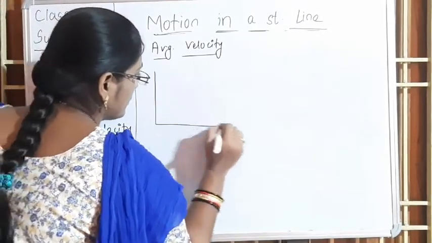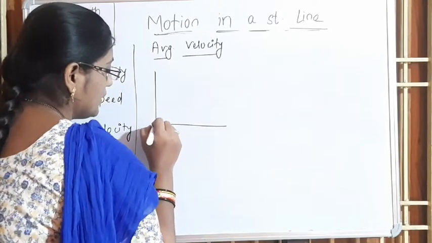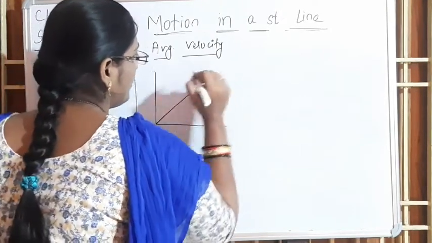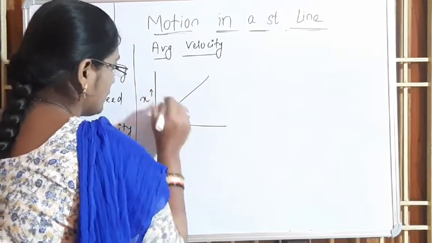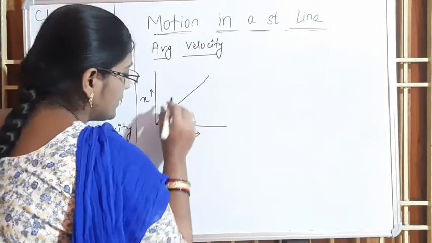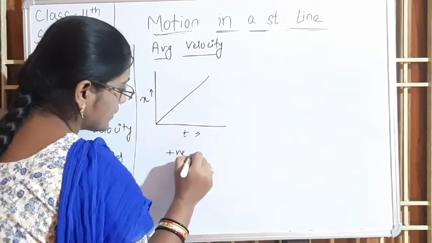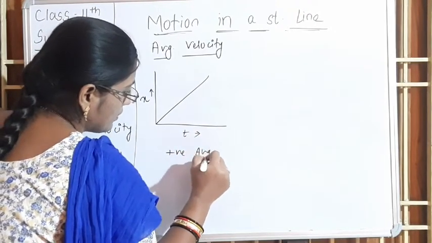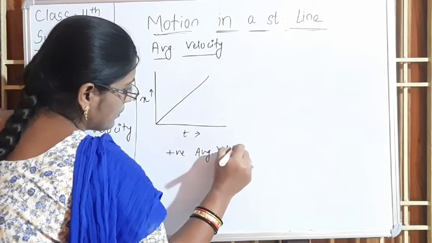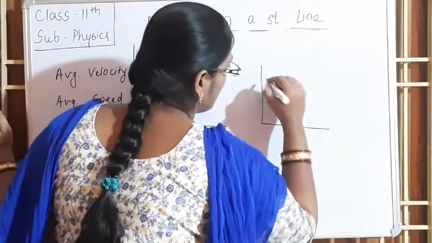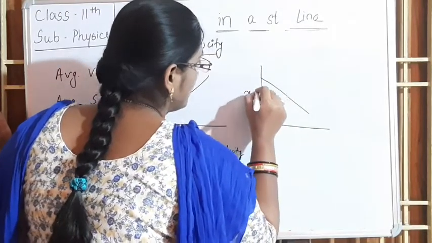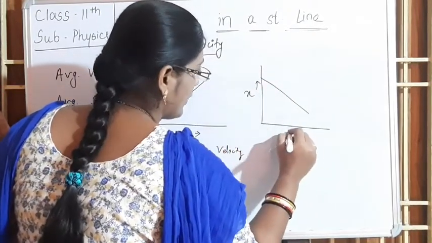Suppose the object is moving in uniform motion. This is the positive average velocity. This is the graph for negative average velocity.